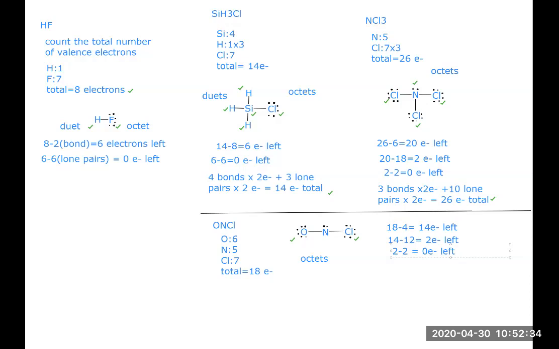Now, if we look at oxygen, oxygen in group 6A has 6 valence electrons. Usually it likes to make 2 bonds. It likes to make 2 bonds to gain 2 electrons from sharing electrons.